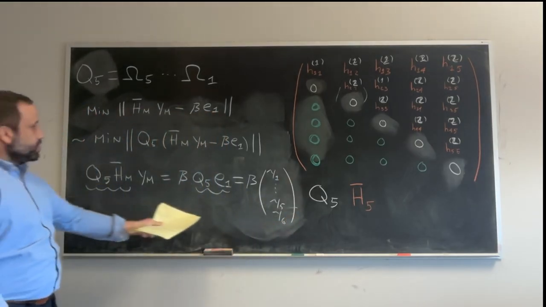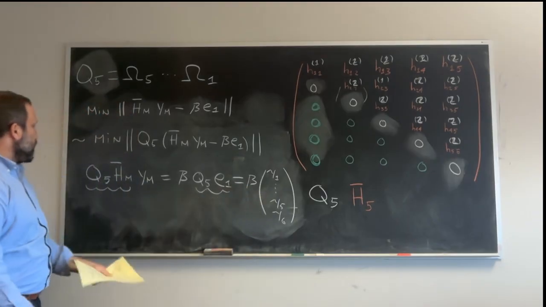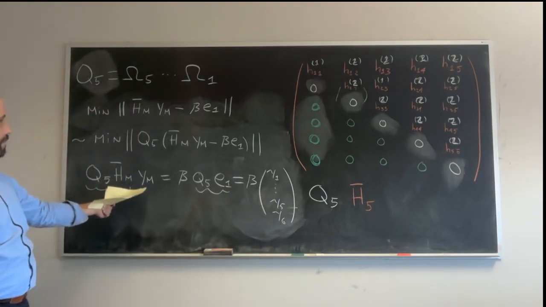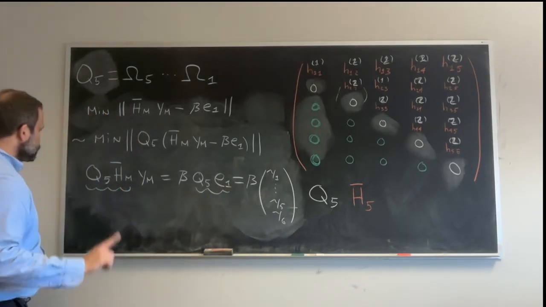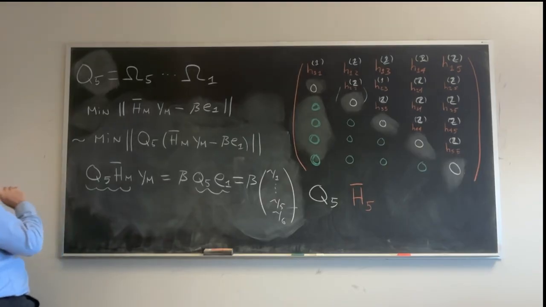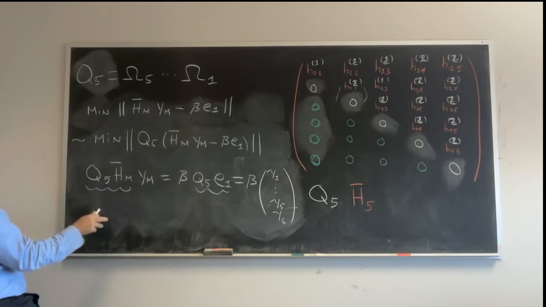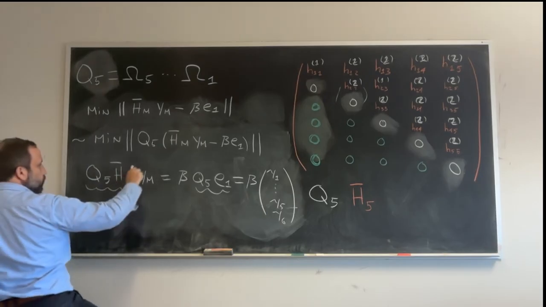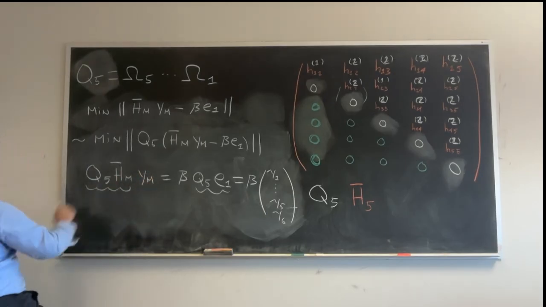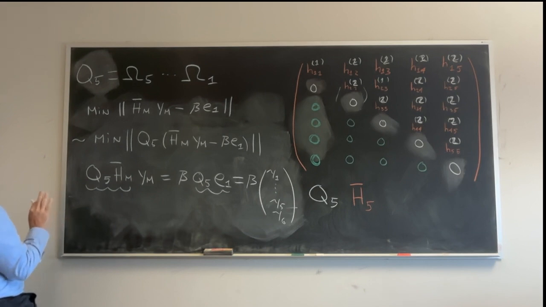Now, I've got this over here that I can compute this way. I've got an upper triangular matrix times ym is equal to that. The only thing to keep in mind is that there's a little bit of ambiguity here. Right now, the way that I have it written, ym is a vector in m-dimensional space.